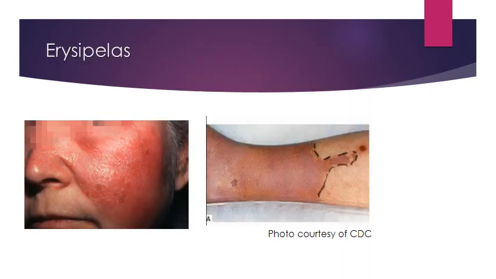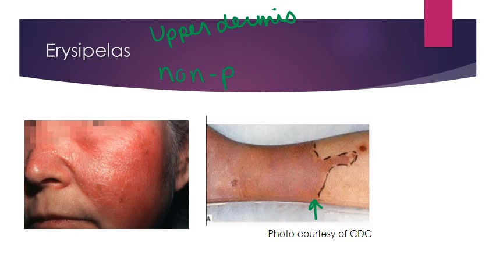With erysipelas, the margins are a little bit more clear, as you can see here in this photo that I got from the CDC. With erysipelas, we're really talking about the upper dermis. So remember with cellulitis, we were talking about the deeper dermis. With erysipelas, it's your upper dermis and the superficial lymphatics. Erysipelas is non-purulent.